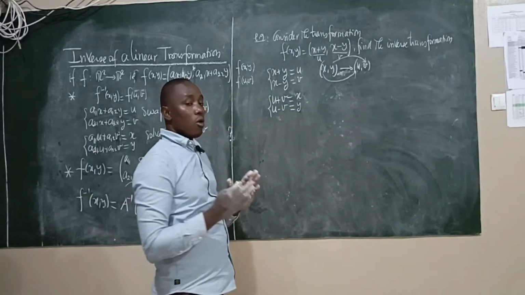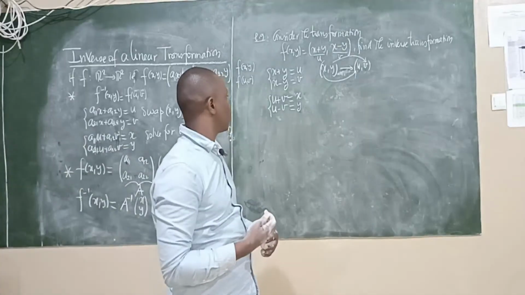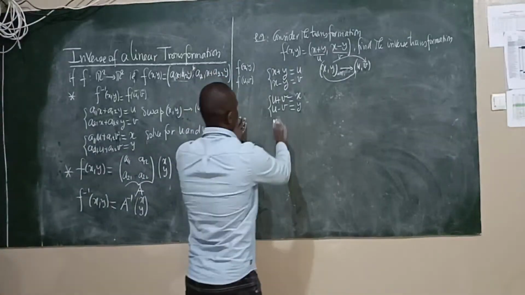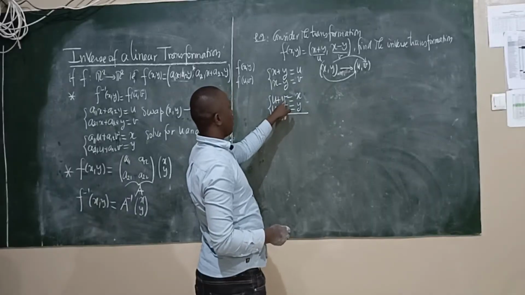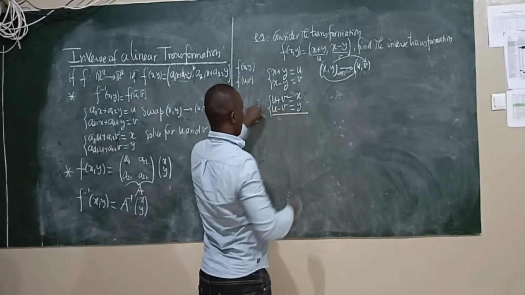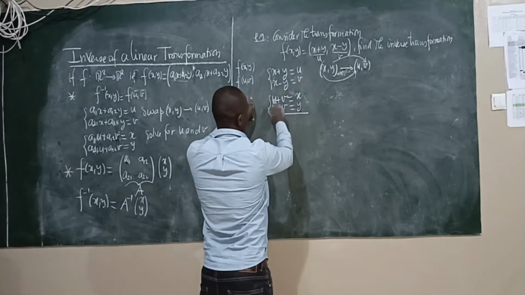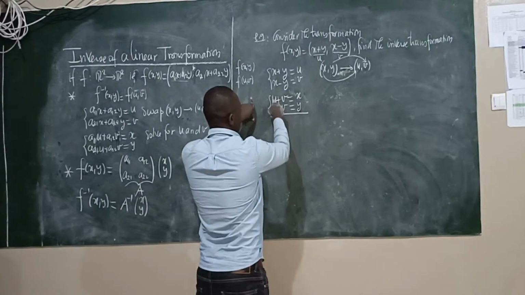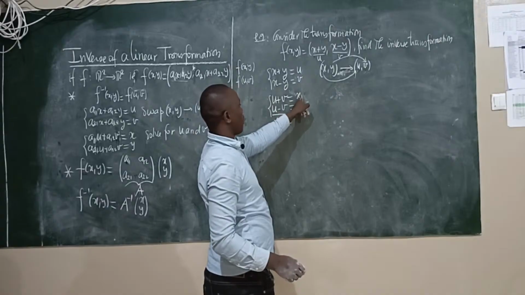So we are going to eliminate using the elimination method. Because here v is positive and that one here is negative, these v's are going to cancel one another. That's why here we are going to sum u and u to be 2u, and this is going to be the sum of x and y.